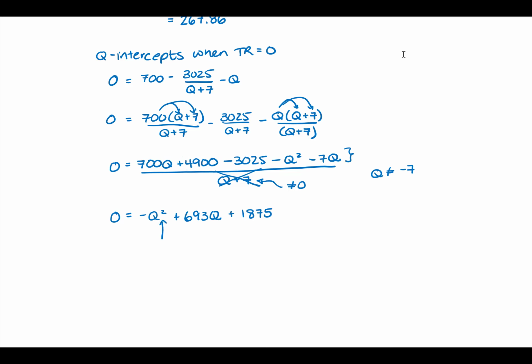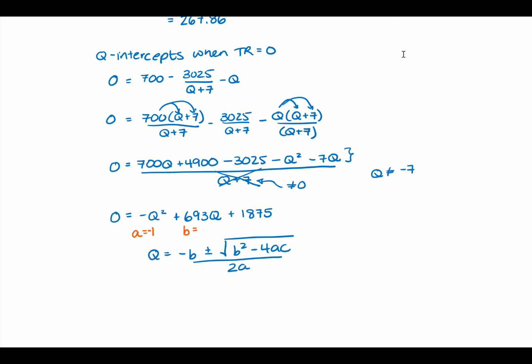What I can see is that I have a quadratic here. I have an exponent of 2, then I've got a Q term, and then I've got a constant. So I'm going to use the quadratic formula to solve for Q. Q will be equal to negative b plus or minus the square root of b squared minus 4ac, over 2a, where my a value is my coefficient for Q squared, negative 1. Negative is important.